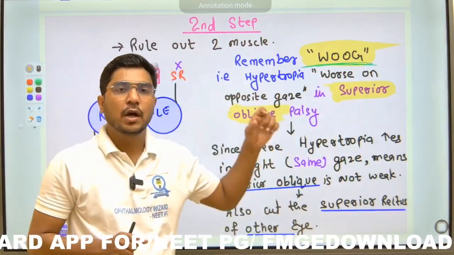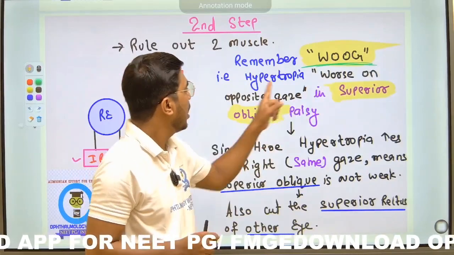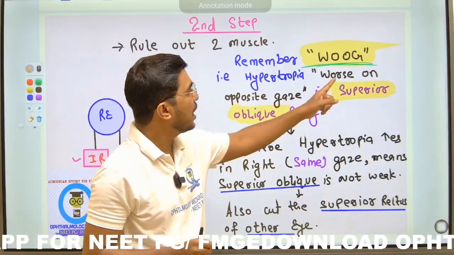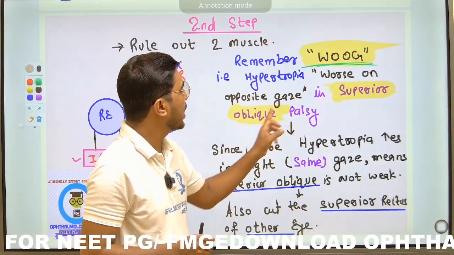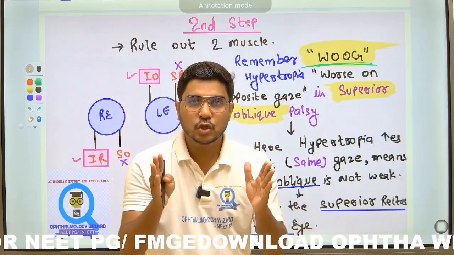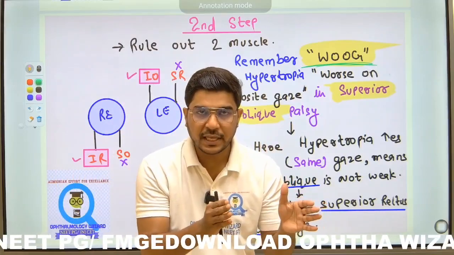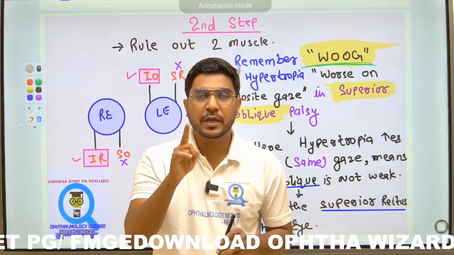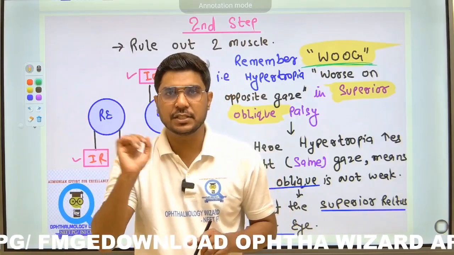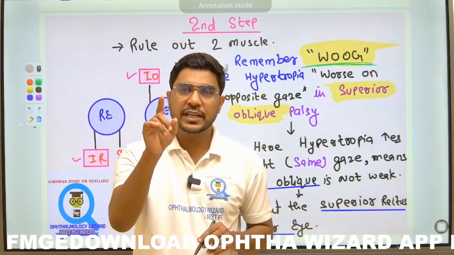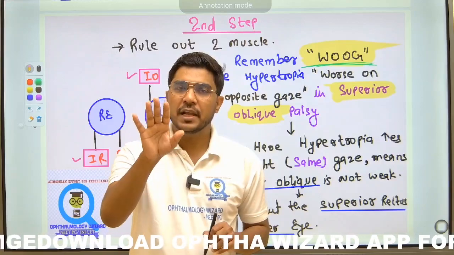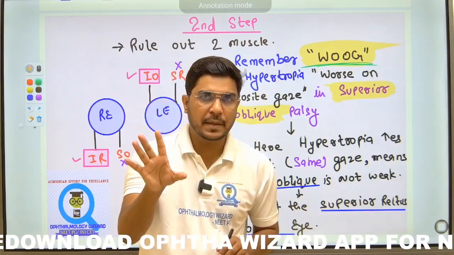What is VOOG? Worse on opposite gaze. Hypertropia is worse on opposite gaze in superior oblique palsy. If there is a superior oblique palsy, that means the hypertropia will be worse on opposite gaze. This you have to remember.